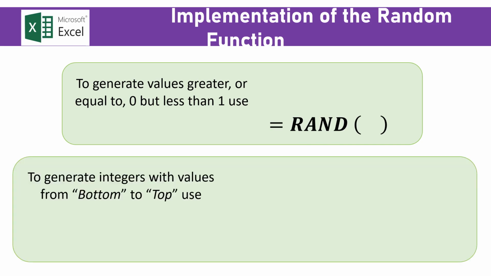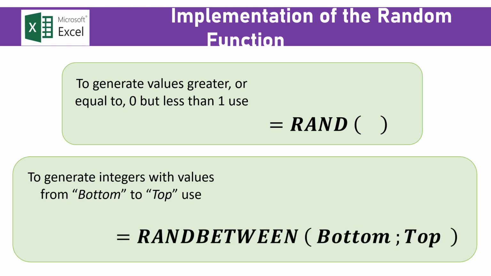For example, to generate integers with values from bottom to top, you use RANDBETWEEN. You put the bottom number and then the top number, the minimum value and the maximum value. So you're generating integers with values from bottom to top.